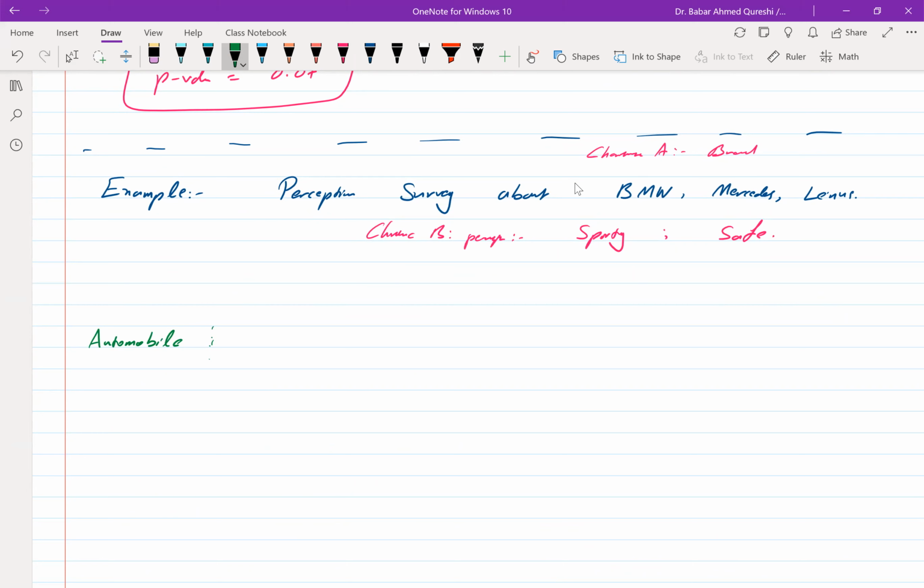I put automobile brands over here: BMW, Mercedes, and Lexus. And over here, I put the perception. So you have sporty and safe.